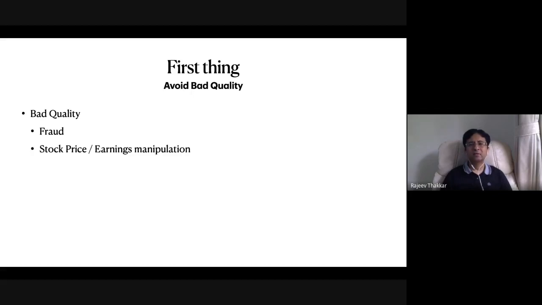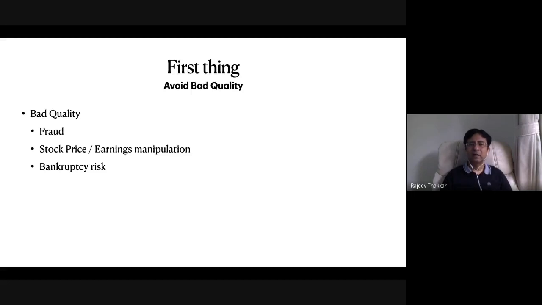The second is, on a very low floating stock, you ramp up the stock price and you show positive price momentum, or you manipulate the reported earnings by using all the financial shenanigans, and you show rising EPS or rising profitability. So that is stock price and or earnings manipulation.